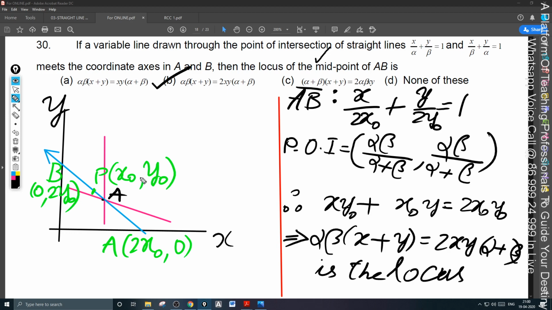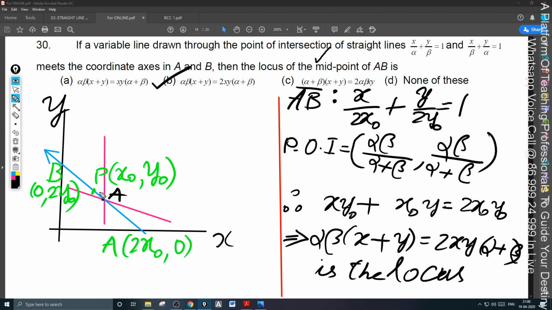Whatever the locus problem, whatever point is given after "the locus of", take it as x naught y naught.